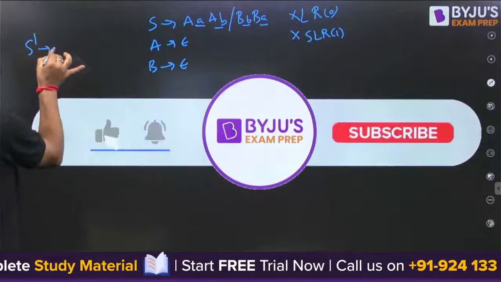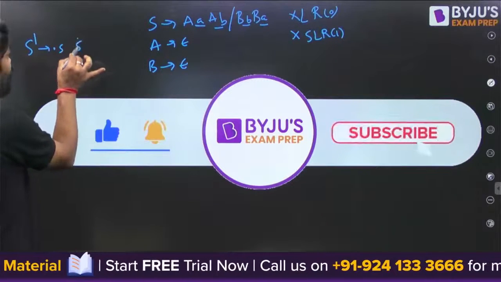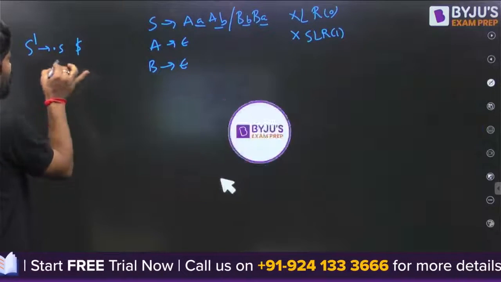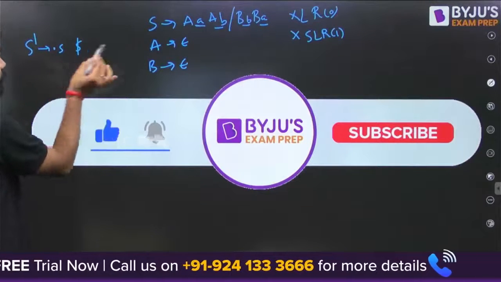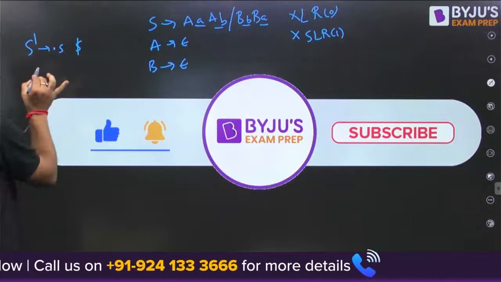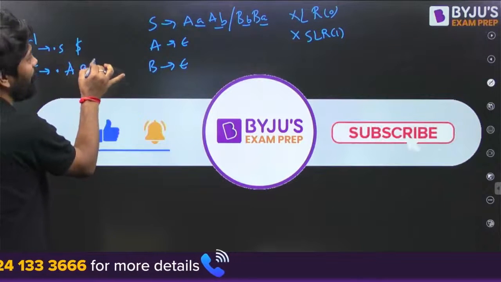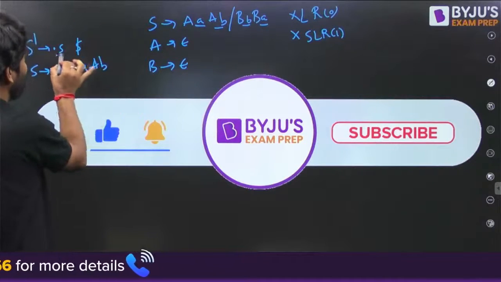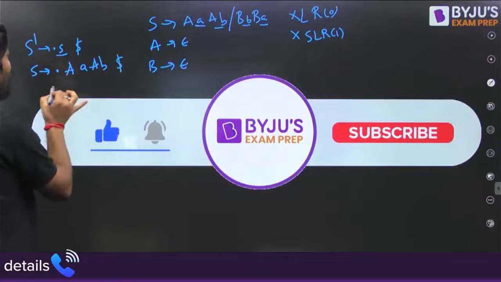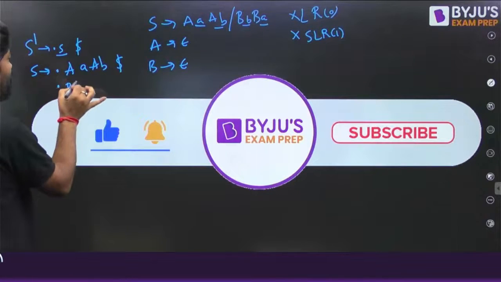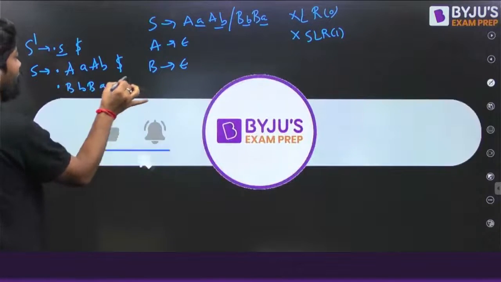If you try for LALR1, start with S dash goes to dot S, and we have dollar. Find the closure of this one. After dot S there is a capital letter variable, so add the productions: dot AB, and due to this S I am adding, dollar will be there, and dot BA, with dollar.